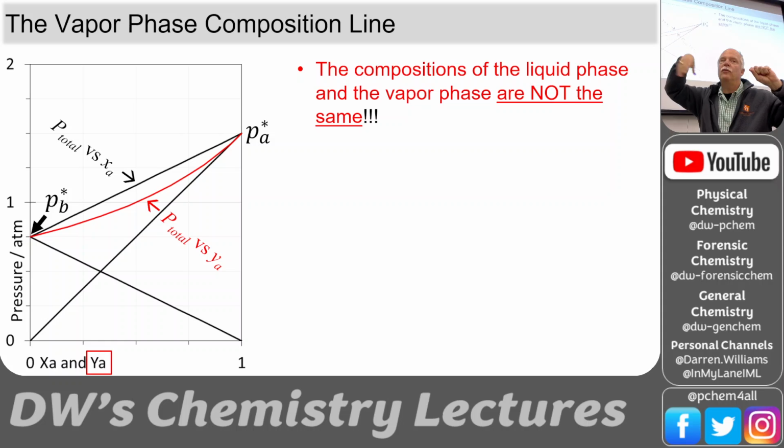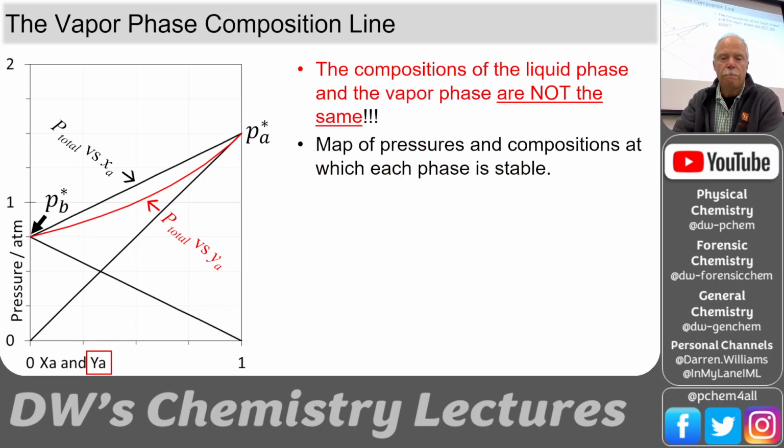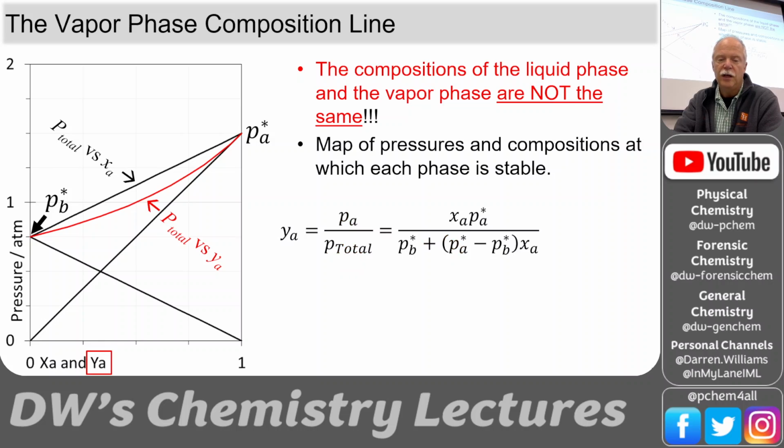Does that make sense? The more volatile compound is going to have more molecules in the vapor phase than the less volatile compound. And so this map of pressures and compositions at which each phase is stable is shown here. And this is our calculation of the vapor phase composition.